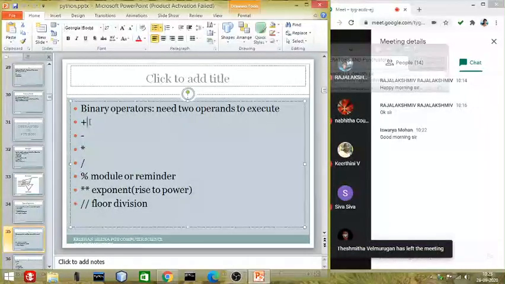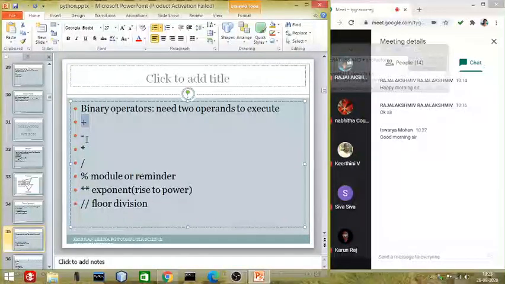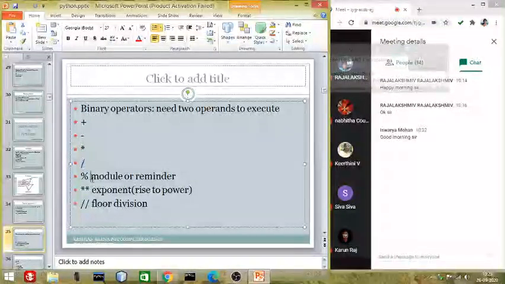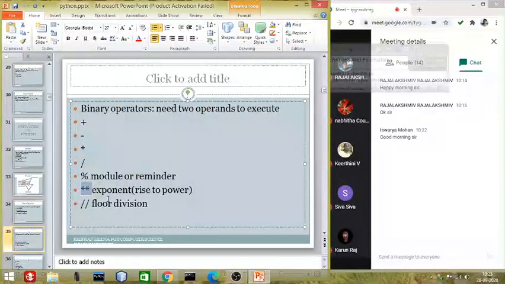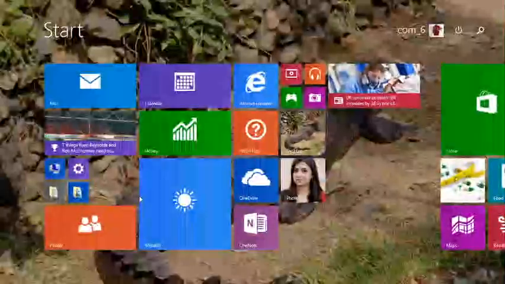If you want to get the sum of values, you can use plus, you can use minus, multiplication and divide for different purposes. We saw how to use modulus and exponent also. You can see what the exponent is, right? The power of a particular value.